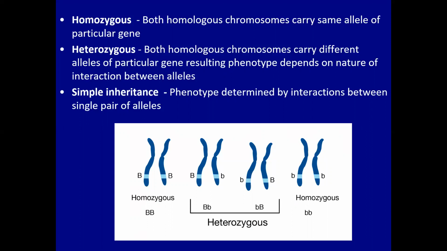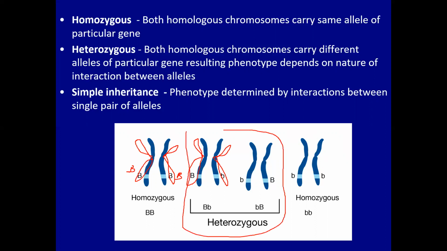So in each one of these images, what you're seeing is unreplicated chromosomes. I could put another chromatid here and another chromatid here, and you would have another big B over here and another big B over here. So you're just seeing unreplicated chromosomes. Could do the same right here and put a big B over here. Same right here and put a little b over here. These individuals that I'm circling right now are considered heterozygous.